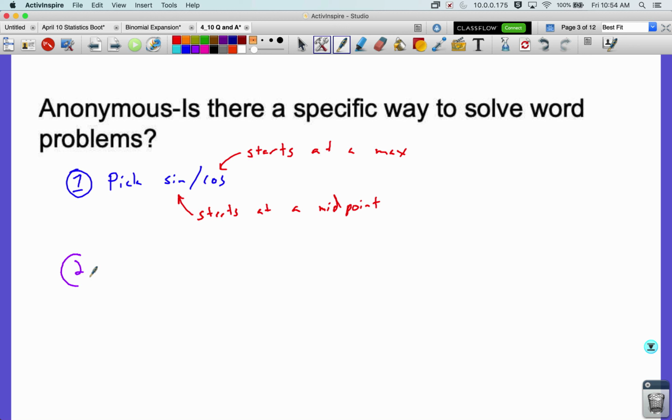Then the next two things I do are midline shift and amplitude. Midline is pretty easy to get because you just average the max and min to find the midline. And then I like to do the amplitude.